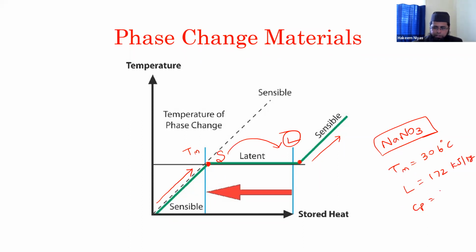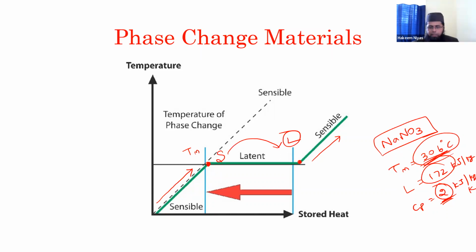The specific heat is just 2 kilojoule per kilogram Kelvin. So we can see that from around 100 degrees Celsius to 300 degrees Celsius, it may store just 2 kilojoule per kilogram Kelvin. But at a single temperature, 306 degrees Celsius, it is able to absorb 172 kilojoule per kilogram. So that's a huge amount of energy that can be stored.